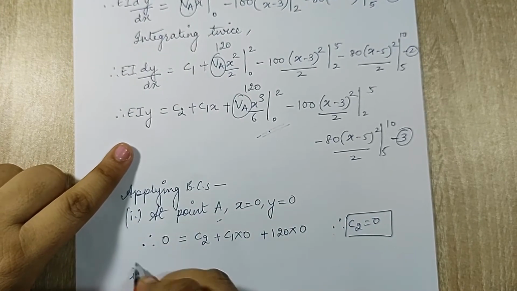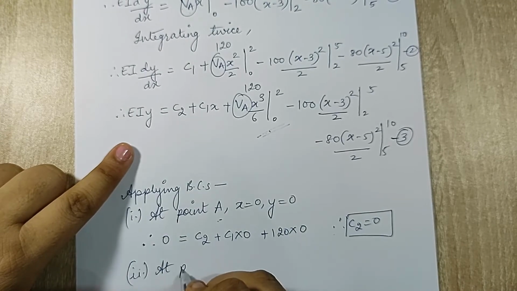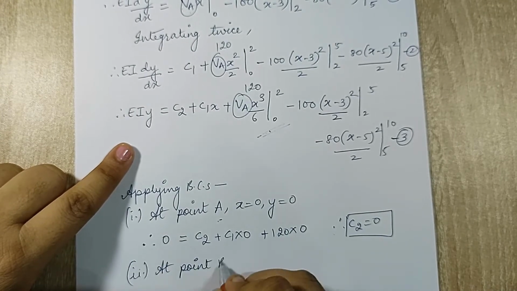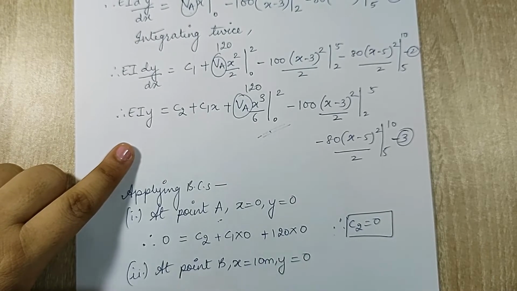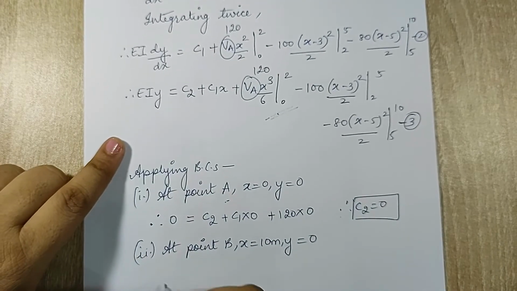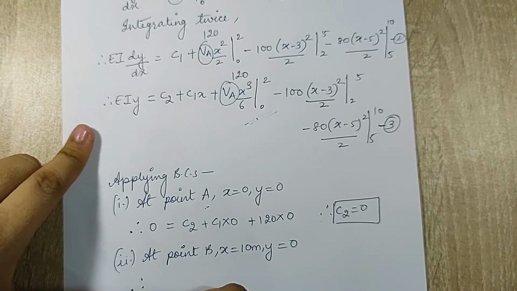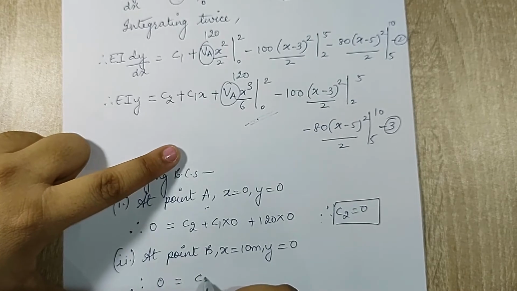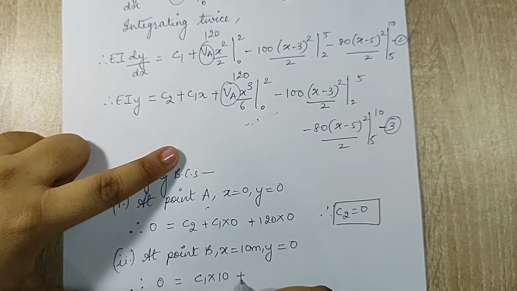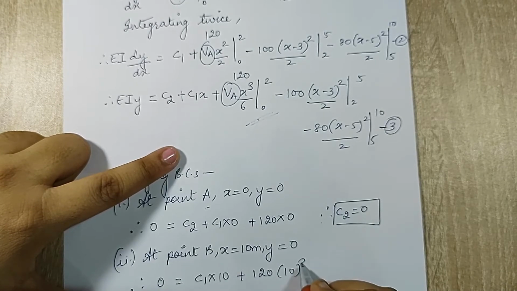Next I am going to apply the second boundary condition at point B. At point B my x is 10 meter and y is equal to 0 because this is a roller support. So when I substitute in this equation, the left hand side is 0, C2 is already 0, C1 into 10 plus VA is 120, x cube, x is 10, cube upon 6.